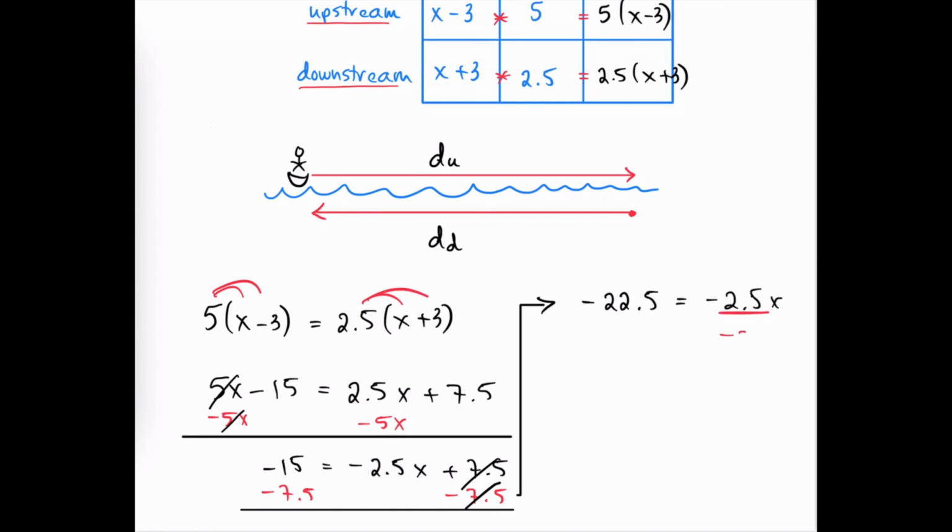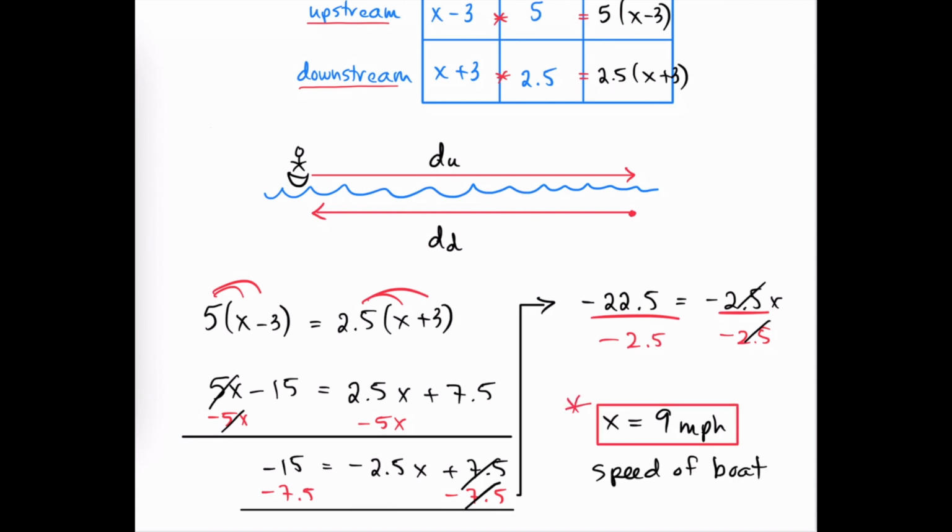Now we divide by negative 2.5 to completely isolate our x, and we get negative 22.5 divided by negative 2.5 is 9. Since x represented the speed of the boat, our units are going to be in miles per hour, and so this is our final answer.